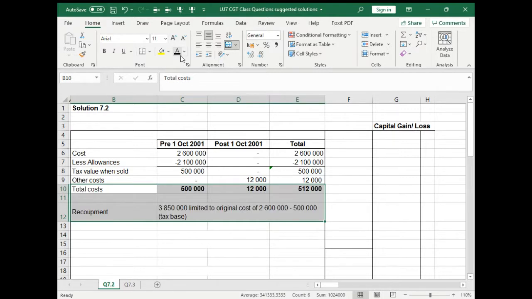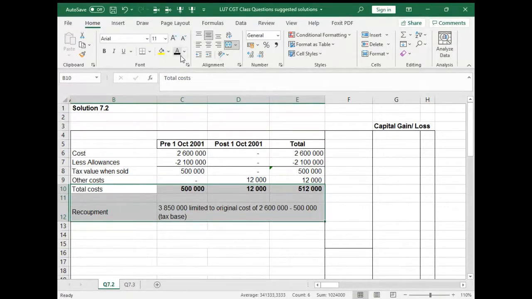To get to our total costs for that asset, based on this would be 512,000. Okay? So 500 pre, so that's what's left over, and 12,000 post.